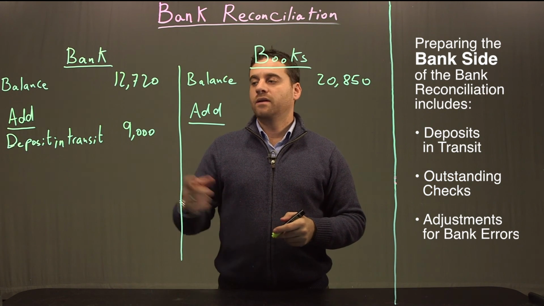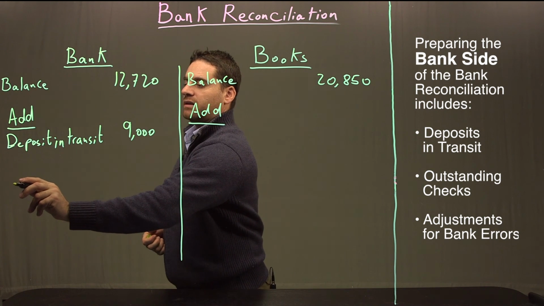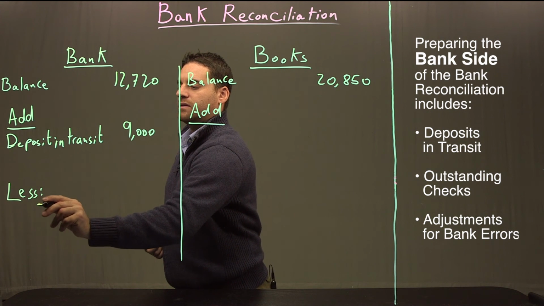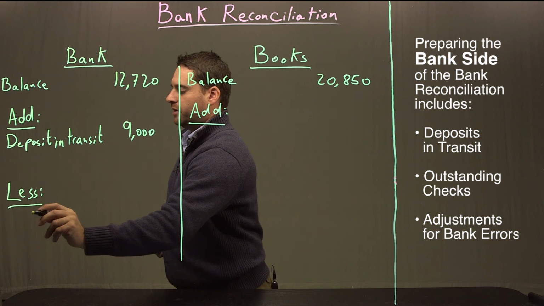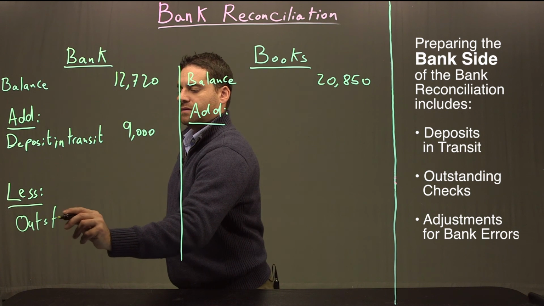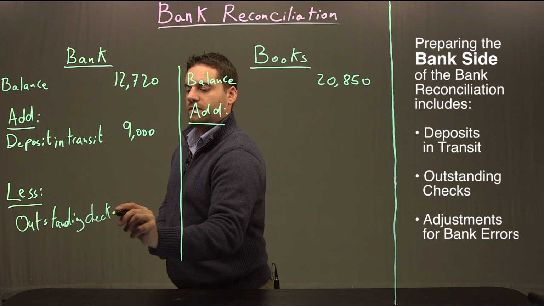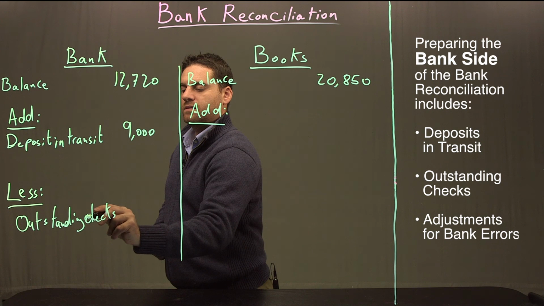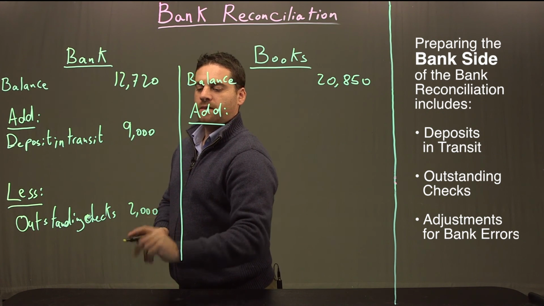Okay, so in our bank, we're going to subtract, or we can just say less. We will say less outstanding checks for $2,000.